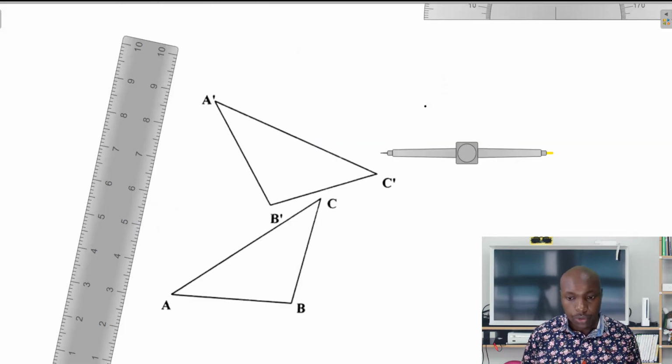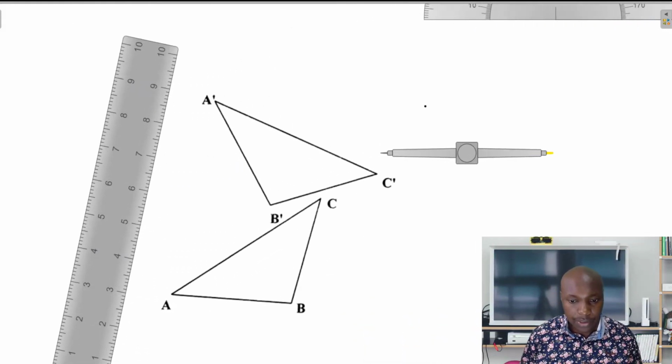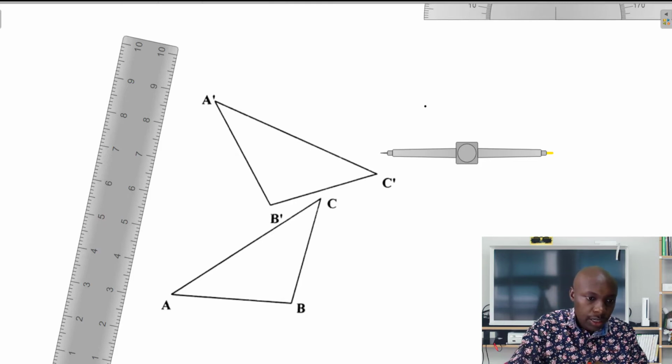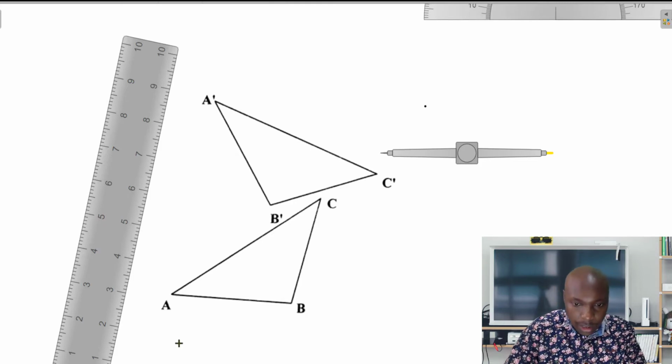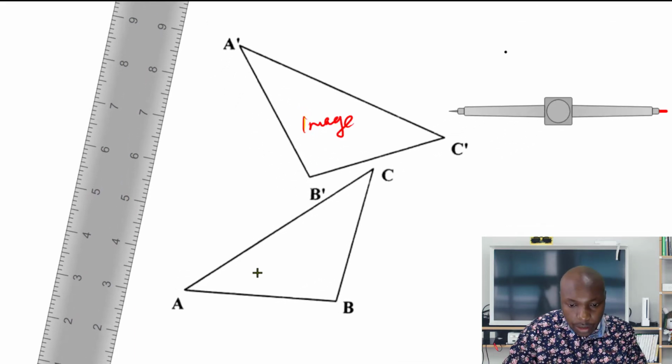So you'll need to have a ruler, a pair of compass, and a protractor for measuring the angle. Now, one thing that you're supposed to do is to identify the center of rotation given the object and the image. In this case, this is the image and this is the object.